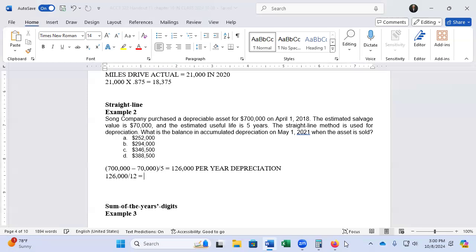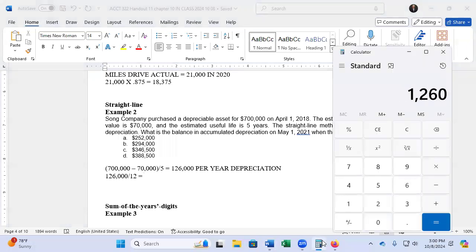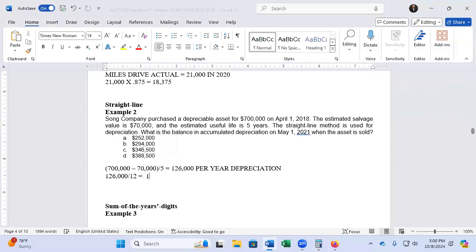That comes out to 10,500 per month. We have 37 months times 10,500, and that equals 388,500, or D.